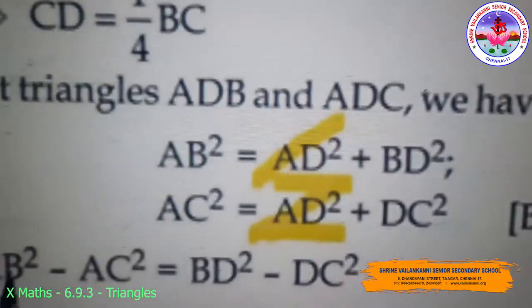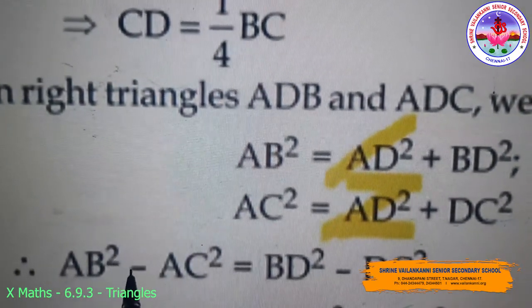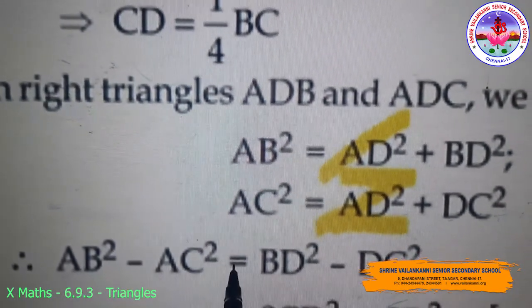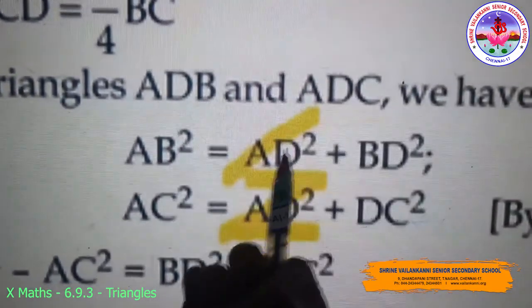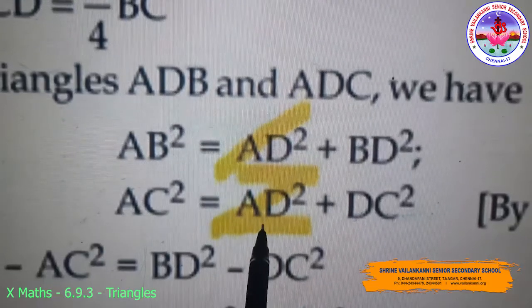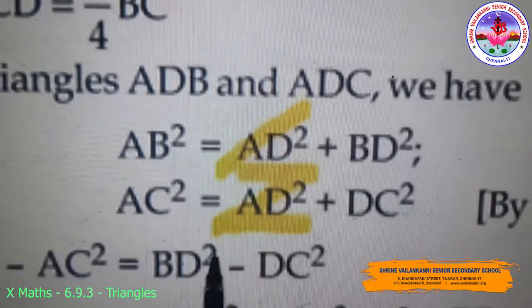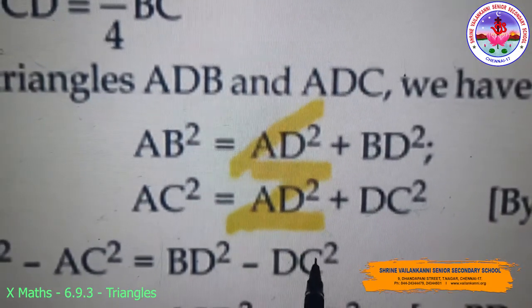On my left hand side I get AB squared minus AC squared is equal to, now subtracting, AD square gets cancelled, so I will get BD square minus DC square. In the problem it is given BD is equal to 3 times CD.